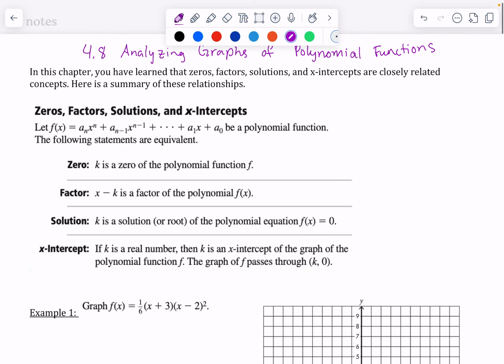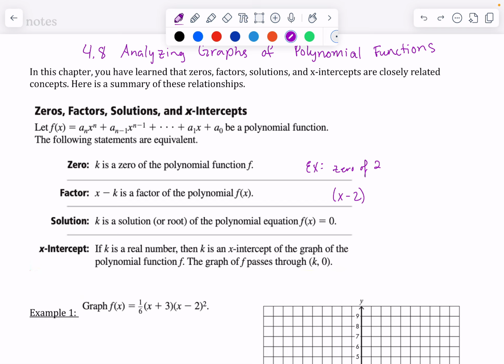So if you have a polynomial, which is represented by this, then we know the following. If k is a zero of the function, then x minus k is a factor. For example, if I tell you that a function has a zero of 2, then I know that the factor would be x minus 2, the opposite sign.